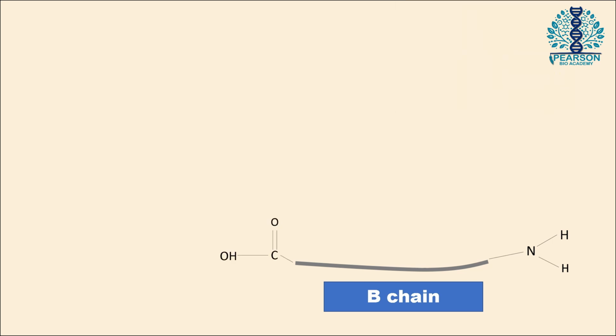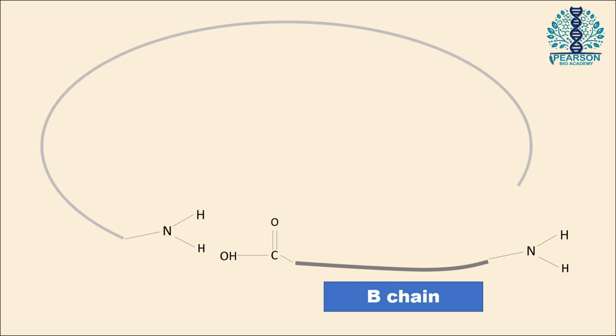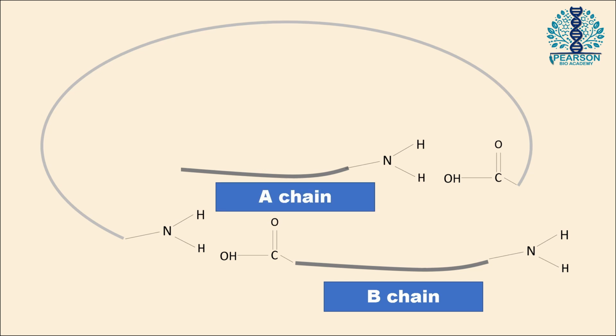The connecting region joining with the B chain should then start with an amino group. Similarly, the other end of the connecting region should contain a carboxyl group. One end of the A chain should also have an amino group at position R, while the opposite end should contain a carboxyl group.